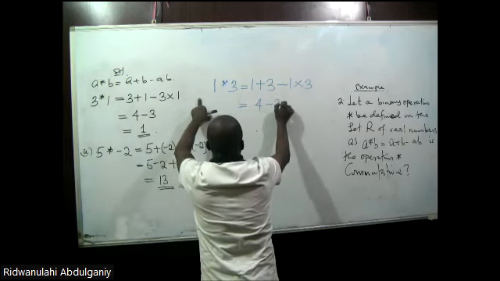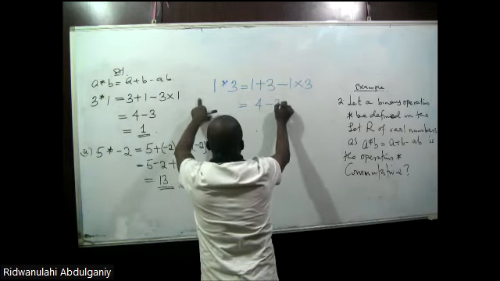Recall from the question that A operation B is A plus B minus AB. That's what we have.